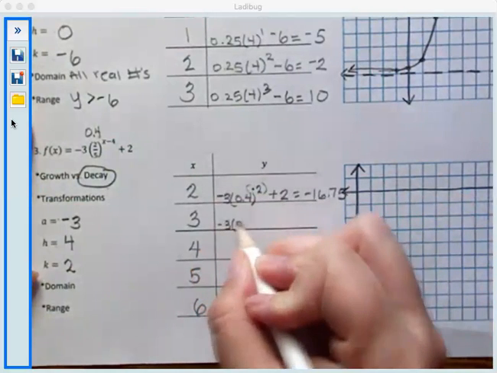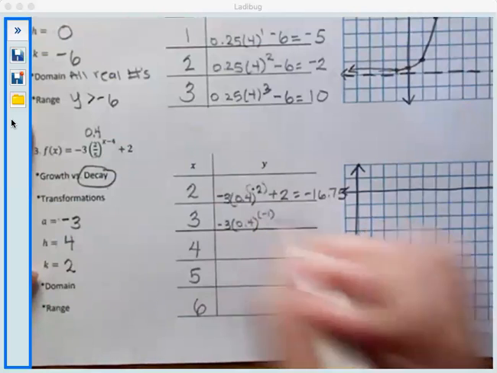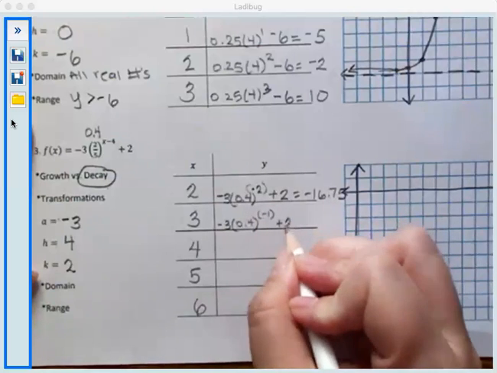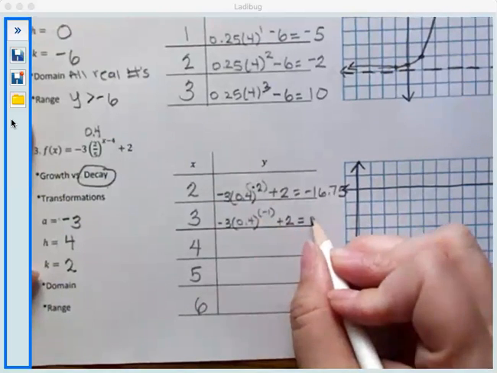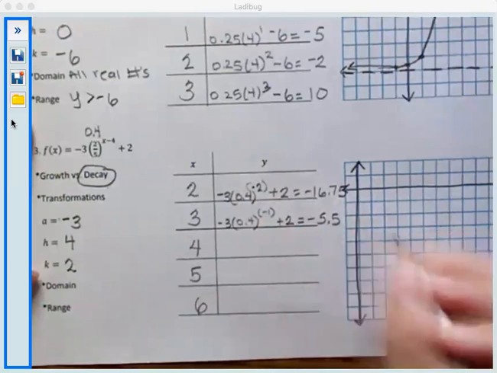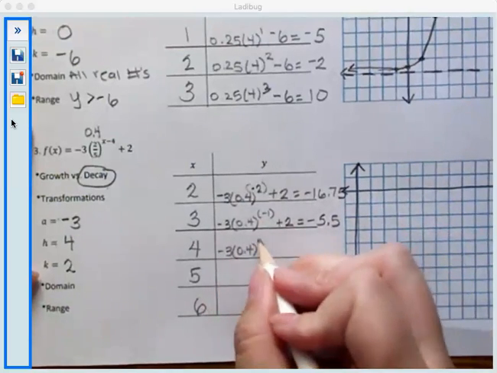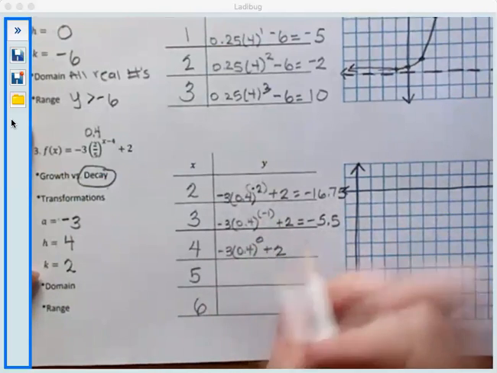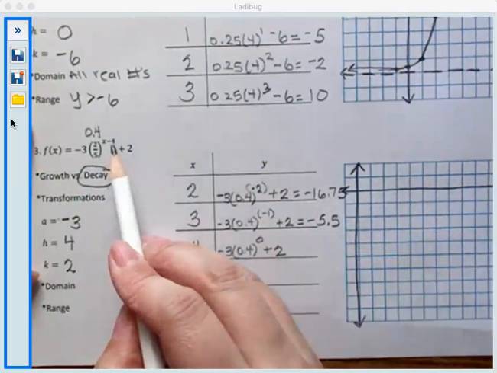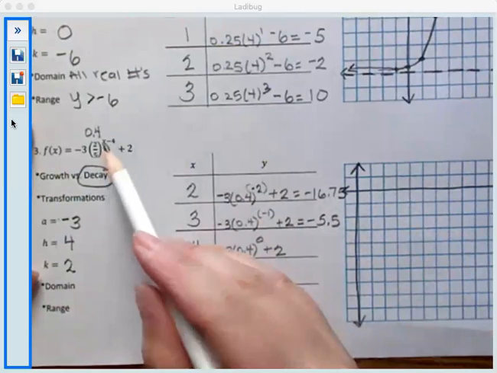Okay, -3 times 0.4 to the -1 power, plus 2, because 3 minus 4 is -1, equals -5.5. -3 times 0.4, 4 minus 4 is 0, and plus 2, because I have this -4, in case you're wondering why I'm subtracting 4. 4 minus 4 would give me the power of 0.